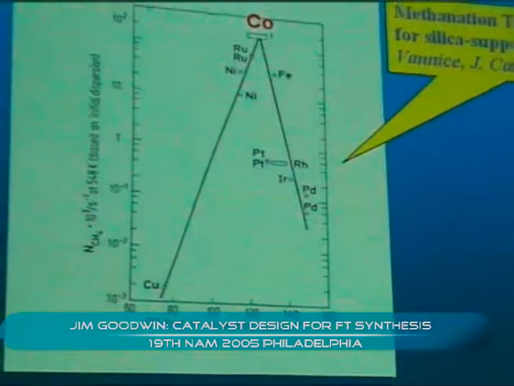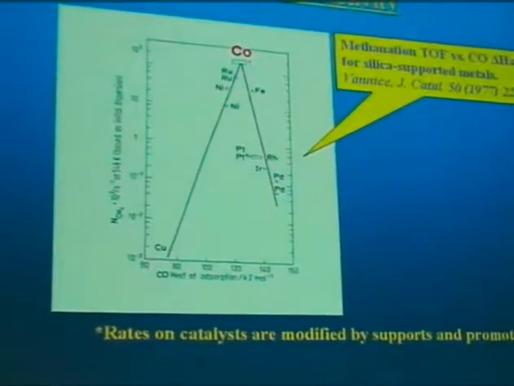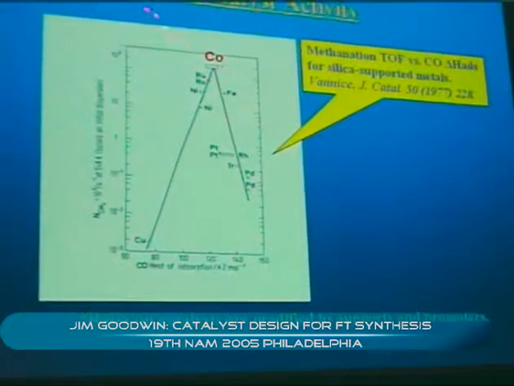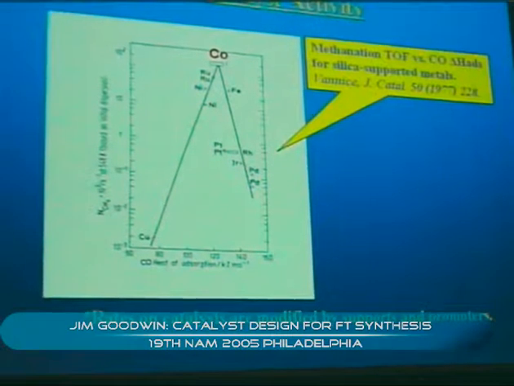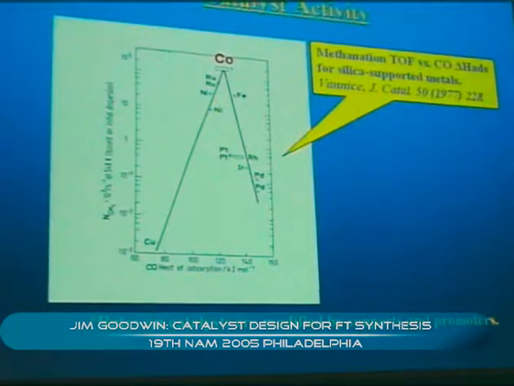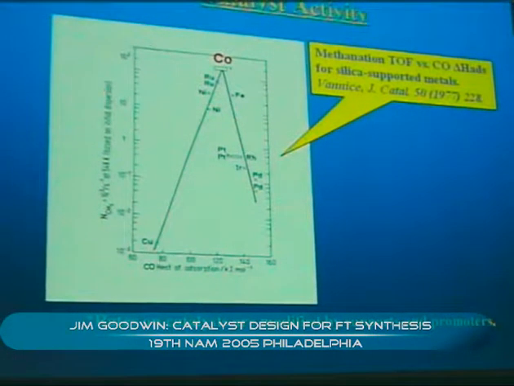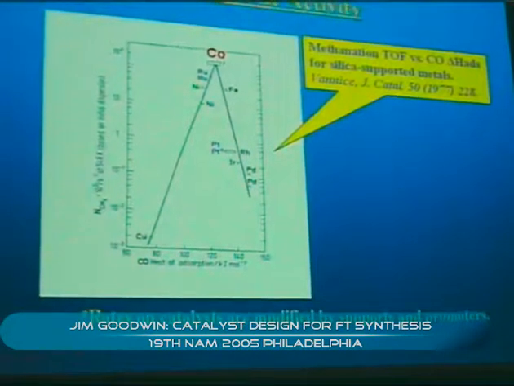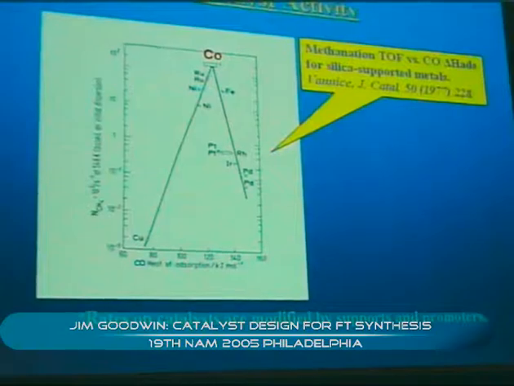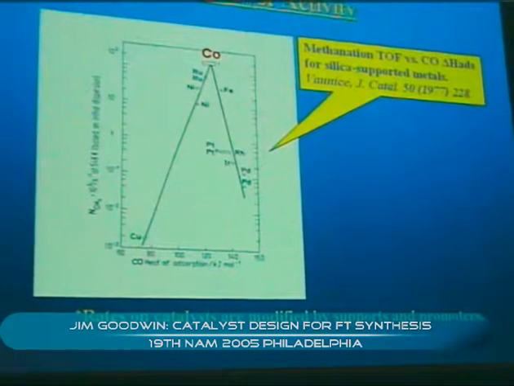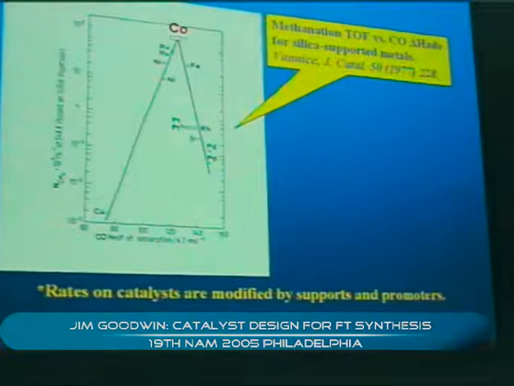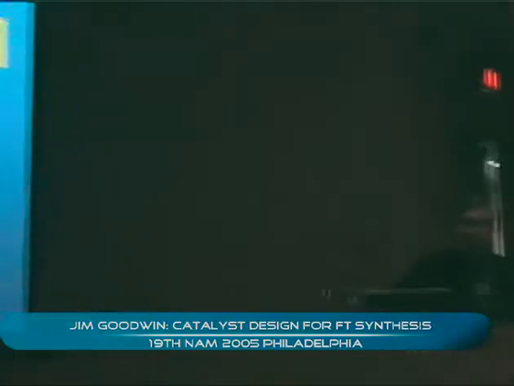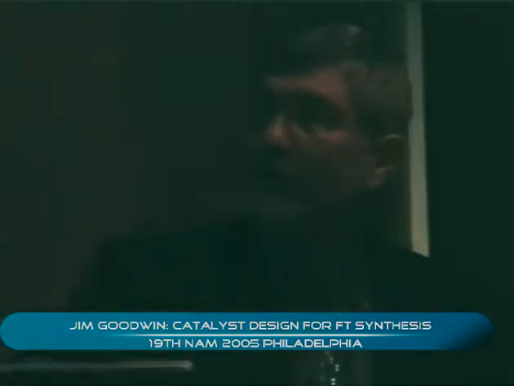And of course, what you see here is that cobalt is the most active metal for CO hydrogenation. And it, along with ruthenium, is much more active than almost anything else. It's a factor of many times and almost an order of magnitude more active than iron, and certainly more active than noble metals that you see way down here.